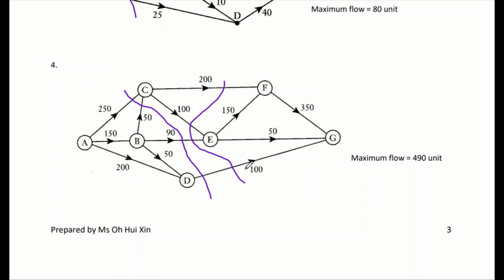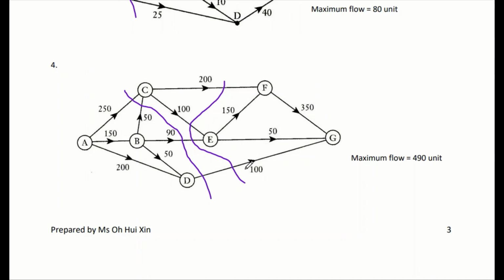Okay, so I hope that you can spend some time to try out exercise 6b. And of course, if you have extra time and you want extra exercise, feel free to verify all your answers in exercise 6b by using minimum cut. Previously we learned how to list down all the paths, then find the maximum flow.